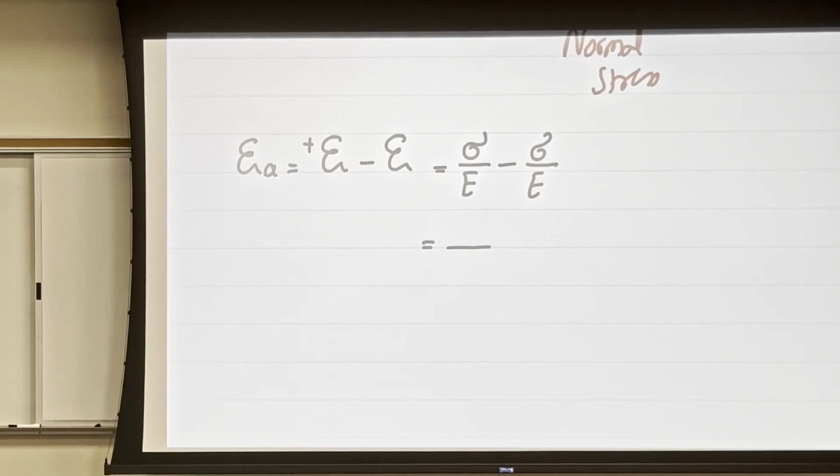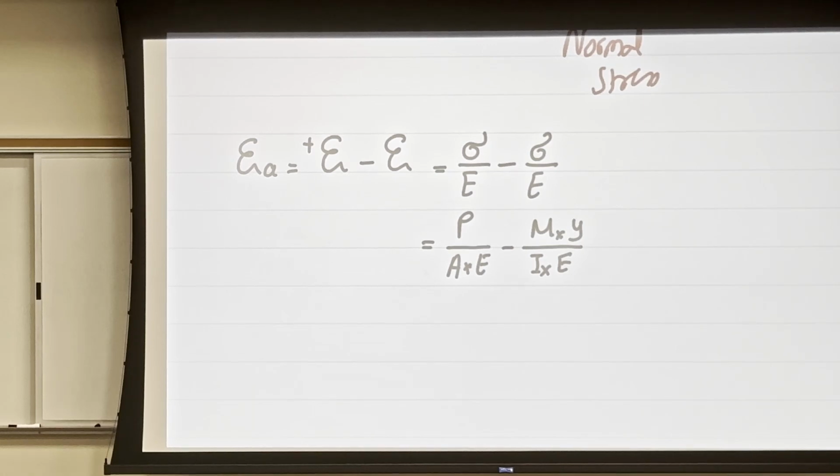So the stress due to the axial load was force over area, so I want to say P or N, let me say P over area times E, right? Minus the bending stress was Mx y over Ix times E.